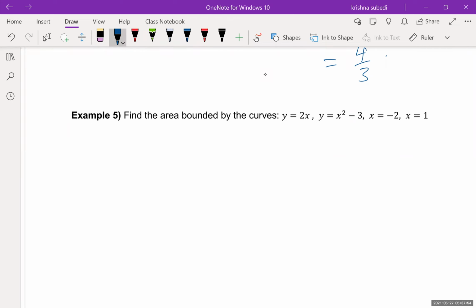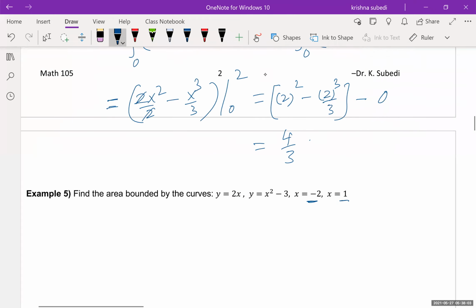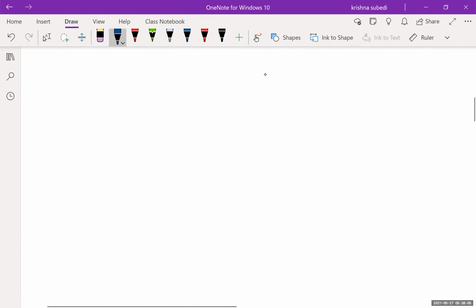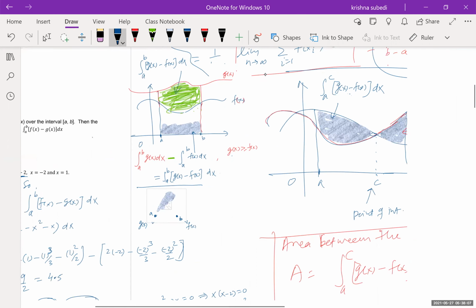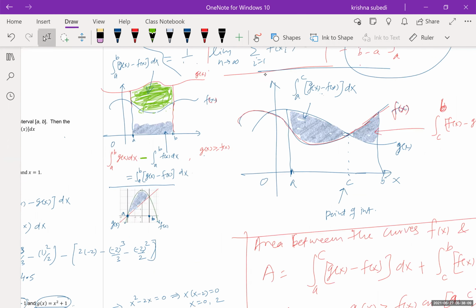find the point of intersection. Sometimes what happens is that even though the interval is given, look at this example that we discussed. Even though the interval is given a to b, sometimes there is a point of intersection, and on the left side of that point one function may be bigger, on the other side, another function may be bigger.